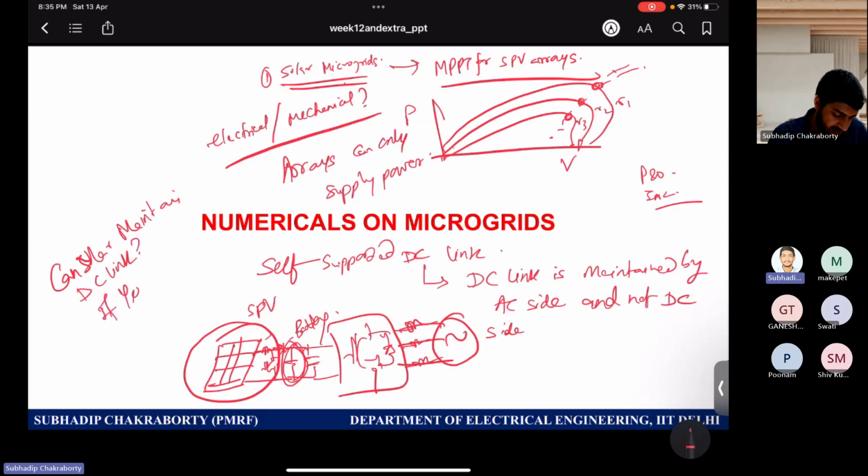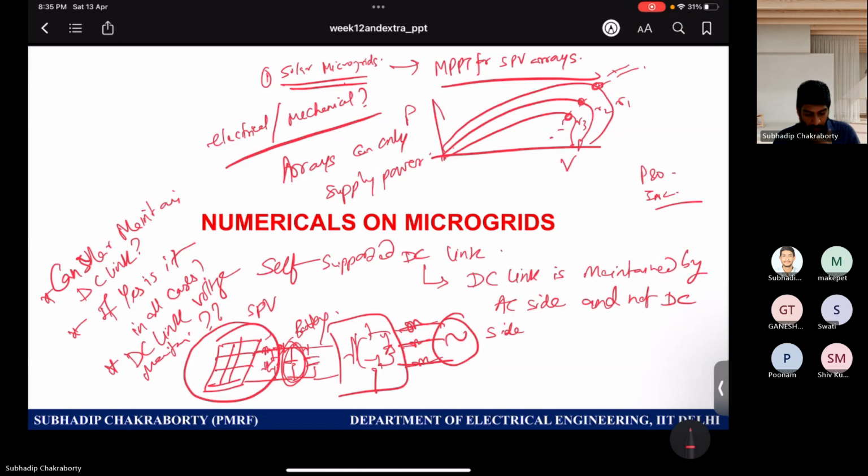If yes, is it in all cases? And what does the term DC link voltage maintained mean? What is the actual implication, the significance? So those are the three questions I posed to you.